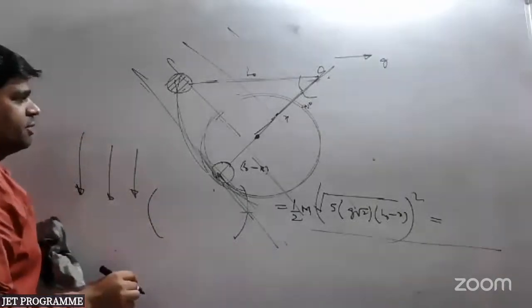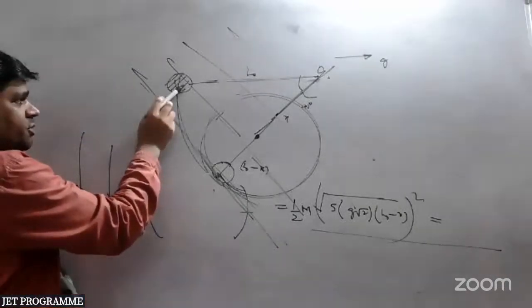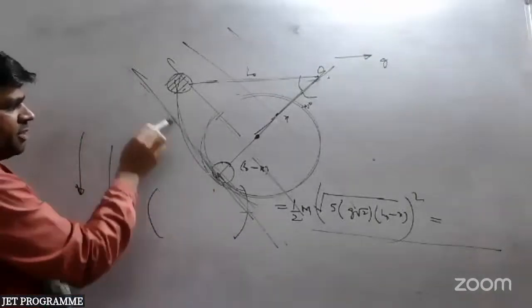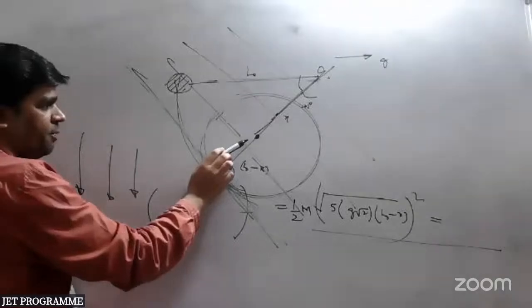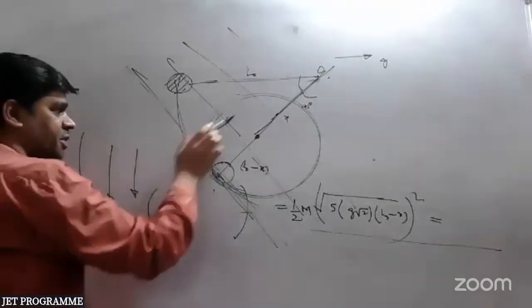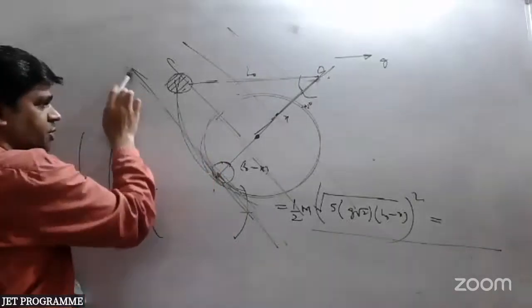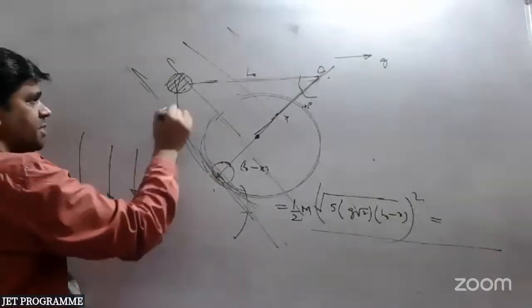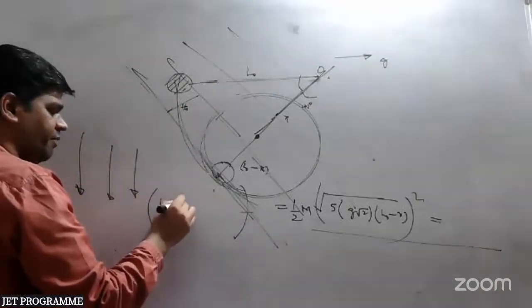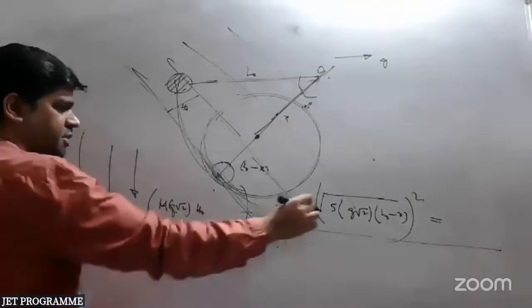All I'm asking you is to write the potential energy in this equation with this as the reference level. If this is my zero reference level, as I go perpendicular to this, my potential energy increases. This is my zero reference level. So the height between this level and this level is, let's say, h. So I'll have m g effective into h equal to this much.